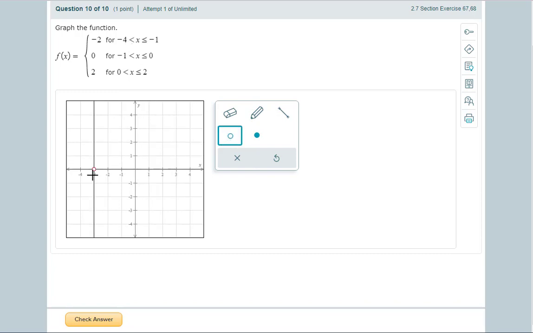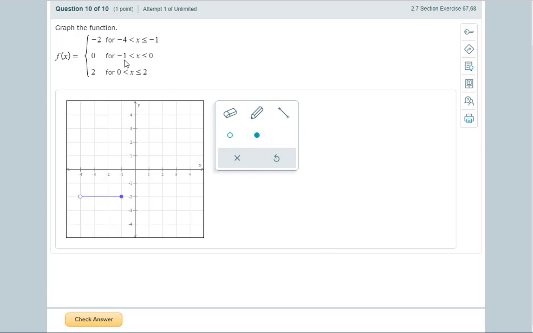Alright, so let's see. Minus 4 is the open dot, but it's down at minus 2. Alright, we go to minus 1. It does include it, and that is a closed dot. Okay, so I made my 2 dots. Now I'm going to make my line that connects them. Alright, this dot to that dot. Okay, so that's my first little piece.